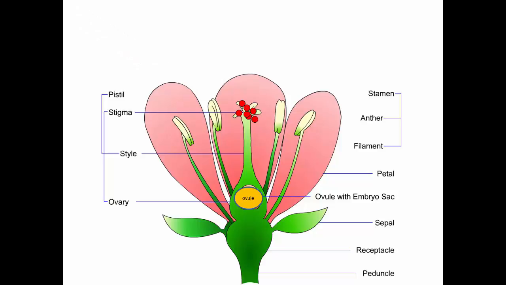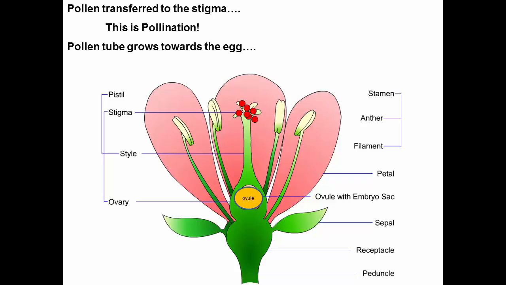The stigma. This is the female part of the flower. So some of those pollen grains are transferred onto the stigma of another flower. Once they're there, they can start to grow. The pollen grows a tube, and it goes down the style of the pistil into the ovary. That pollen grain can fertilize one of these female cells called an ovule. And once it's fertilized, it can grow into a zygote and eventually a seed.